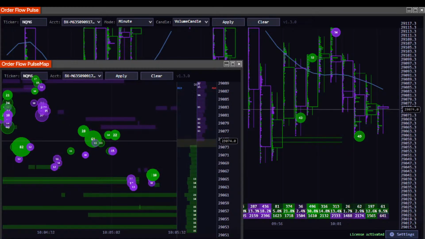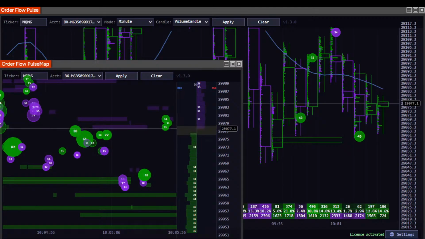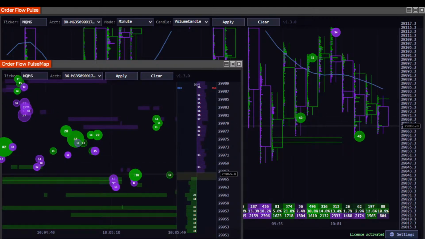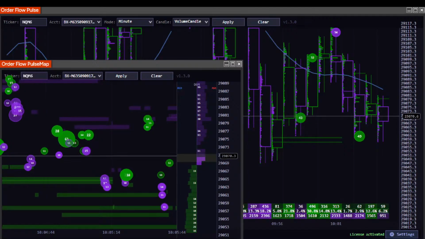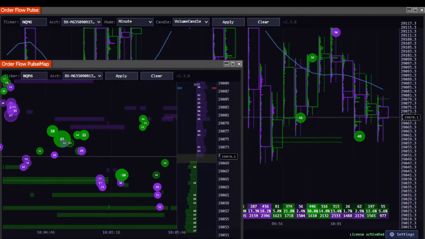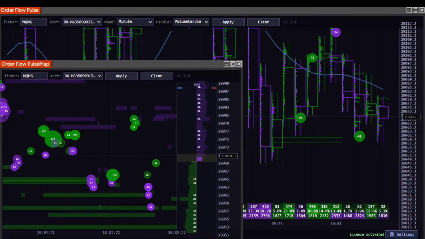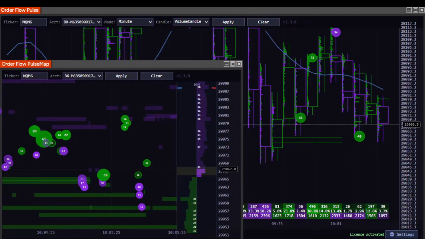Well, that little short didn't last very long, did it? Maybe I need to go with the hollow candle.